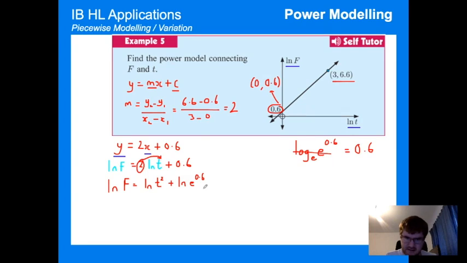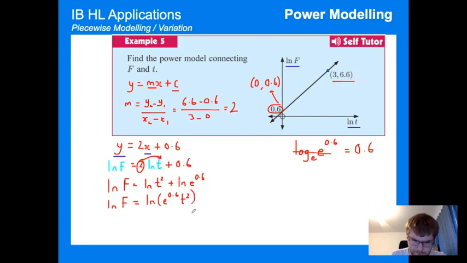The reason I do this is that I can now combine the two logs together, working in reverse to what we saw in the first slide. So natural log of f is equal to natural log, and now I can just multiply these two things together: e to the 0.6 times t squared. This takes familiarity with using log laws.